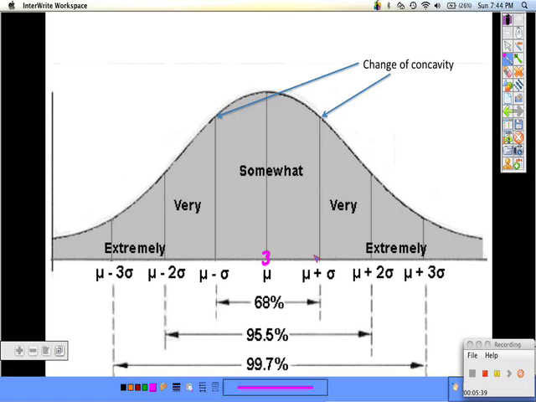So 3, and then this would be 4.1, 1 standard deviation above. This would be 5.2, that's 2 standard deviations. 6.3, 3 standard deviations, and we can go the other direction. This would be 1.9, 0.8, and so on.